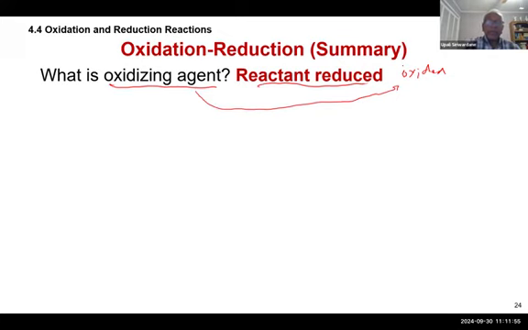If something gets help oxidizing, it is the reduced reactant that gets reduced. I'm going to talk about that a little bit more.